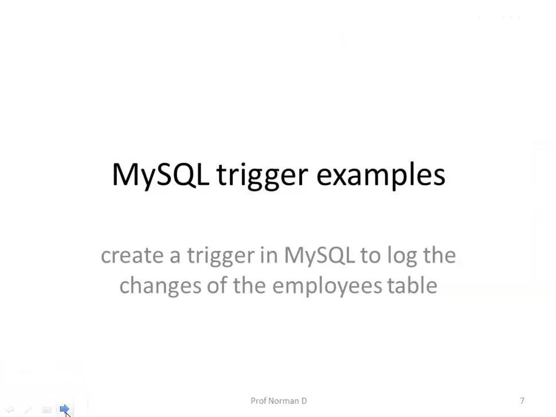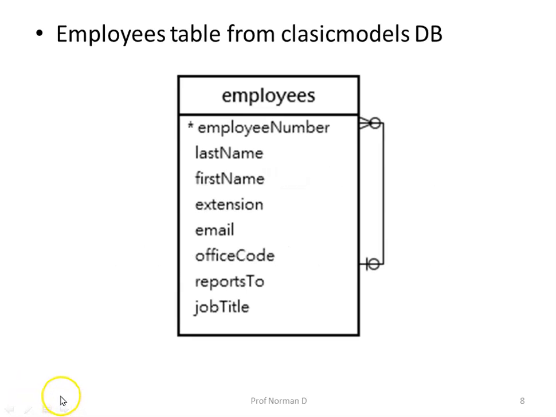We will see an example of a trigger. So we will create a trigger which will keep track of the changes that are done to the employee table. We'll make use of the employees table from the classic models database.